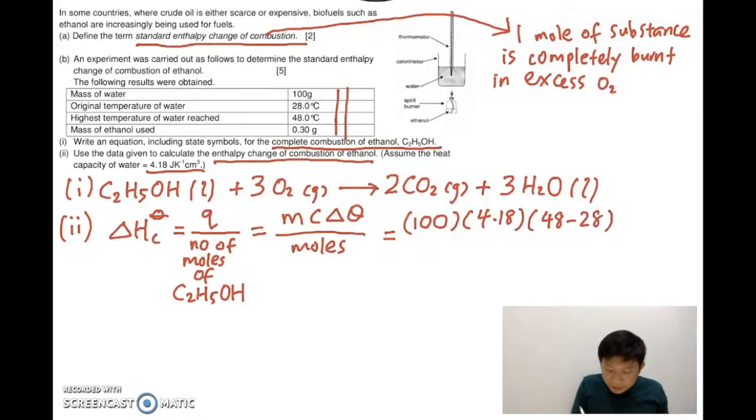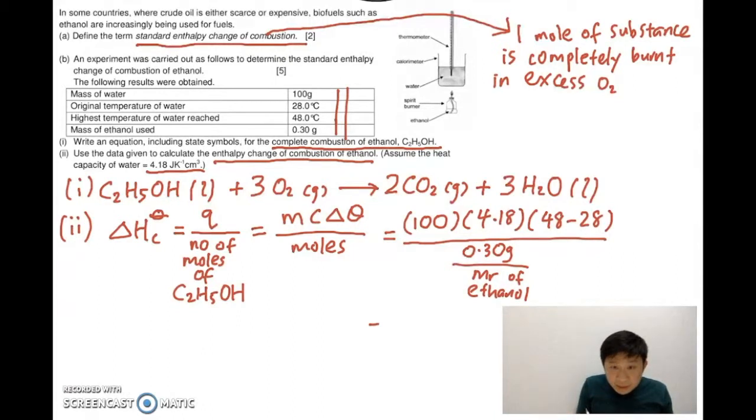Okay, and then you divide by the number of moles of ethanol or fuel being burned, right? So it's actually 0.30 grams divided by the Mr of ethanol. Okay, and remember your final answer, right? Your final answer must be a negative value.